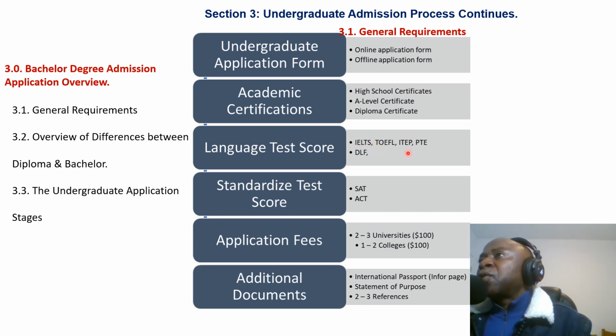For French, you have iTEP, PTE, DELF. For those that want to go and study in France and Belgium and probably in Quebec, like Université de Montréal, Université du Québec, and so forth.